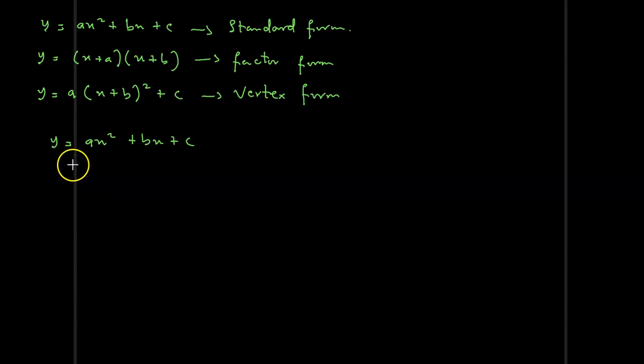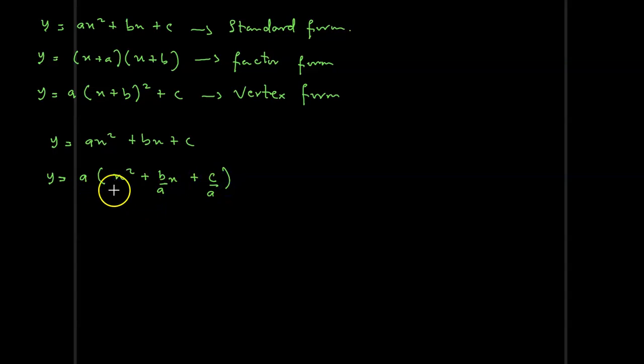Using the idea of completing of squares, then we are going to have it as y equal to a into bracket x squared plus b on a x plus c on a.